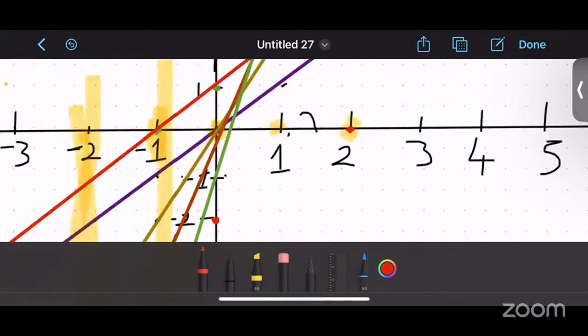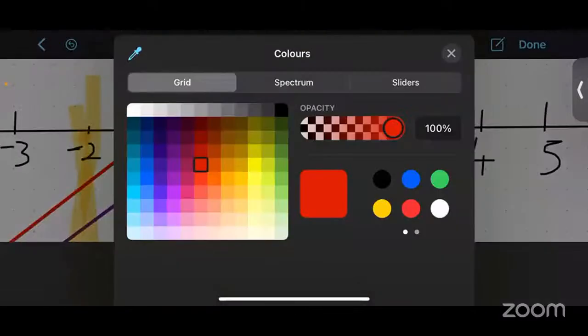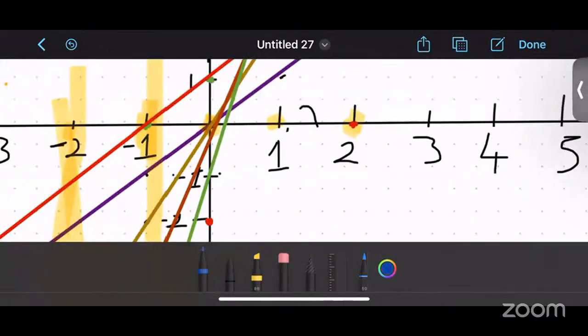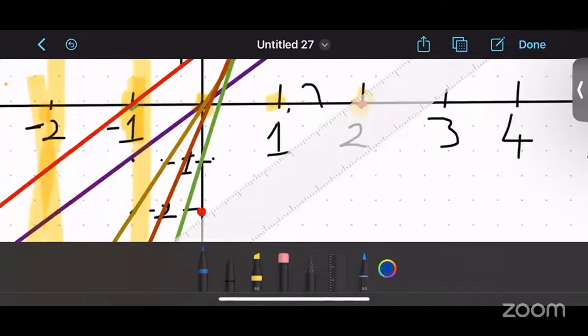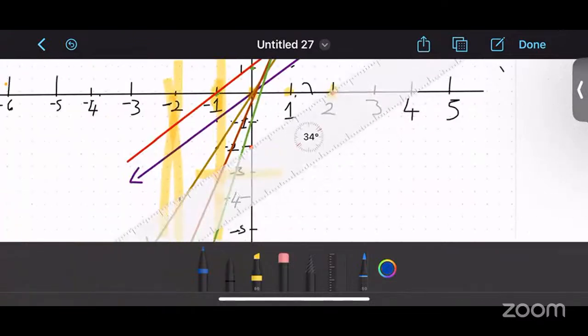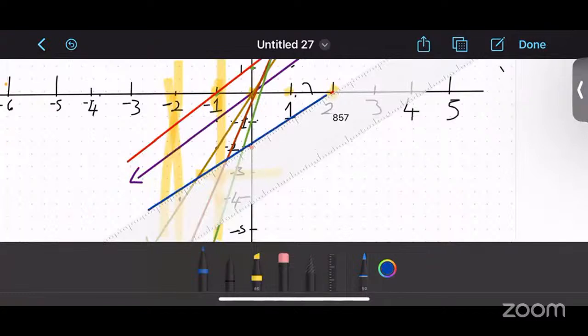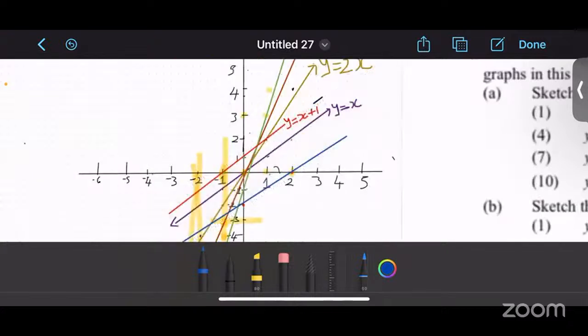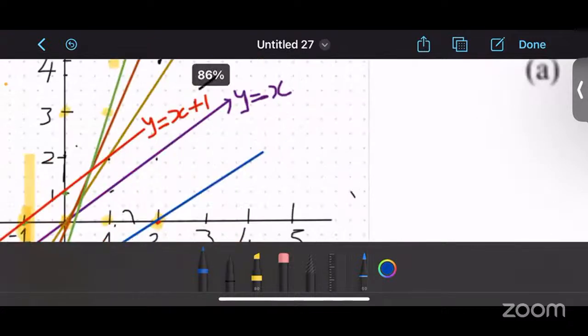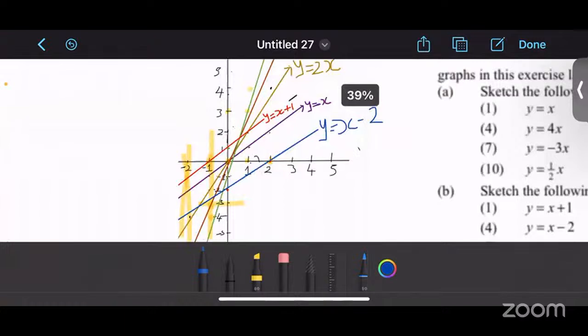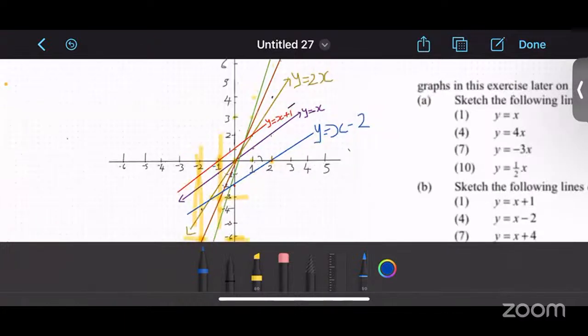And then next, we're going to get our color, and let's use this one. Okay, let's see. This is going to be our y is equal to, is it x minus 2? Yes, x minus 2. So you see, now you have your other graph using the dual intercept method.